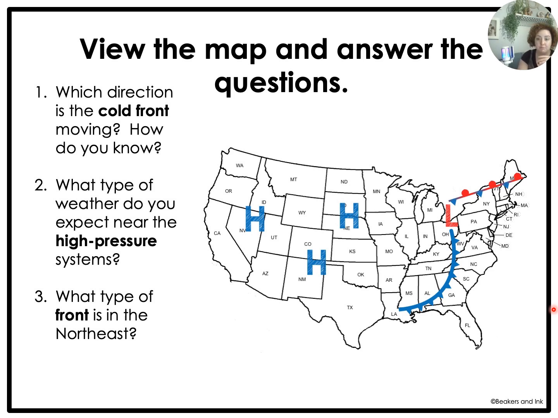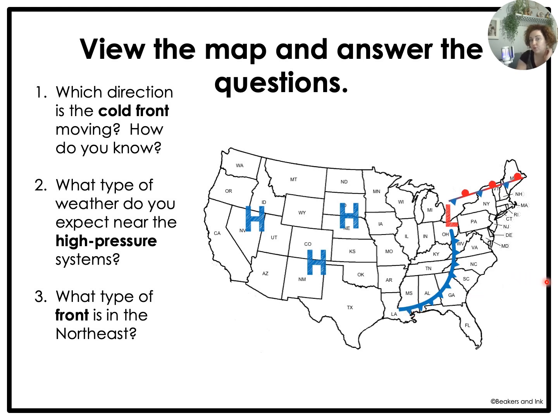Which direction is it moving? Well, it's moving towards the east, because remember, the symbols, whether it is the icicles, the suns, whatever you want to call it, are pointing in the direction that it is moving. So this air mass is essentially moving southeast to east, depending on whether you're up here or down here.